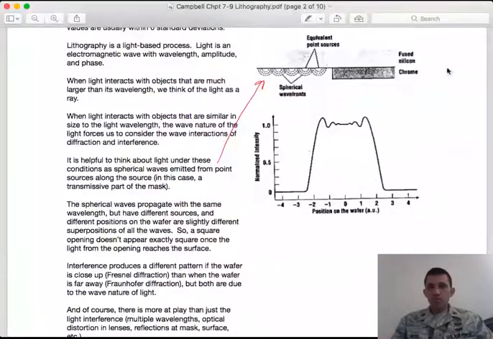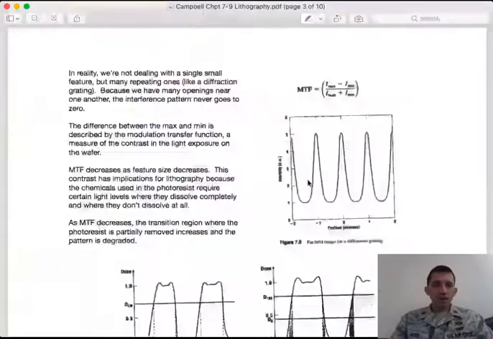So you can picture if I had an opening to the right here, it might produce this same pattern, but shifted to the right a little bit. And if these legs overlapped, and then I had another pattern right here where the overlap is, the intensity would never fall to 0. And that's kind of what we have here, where we have this intensity pattern due to very closely spaced features.